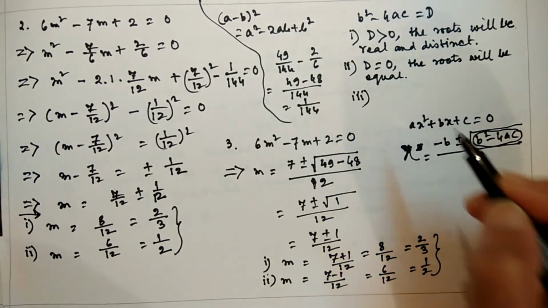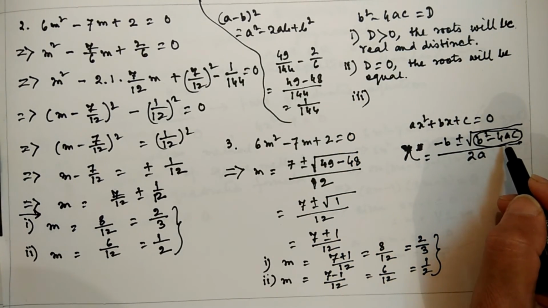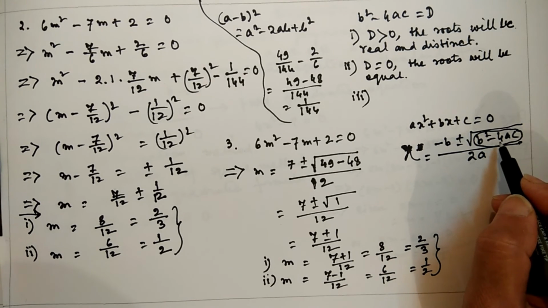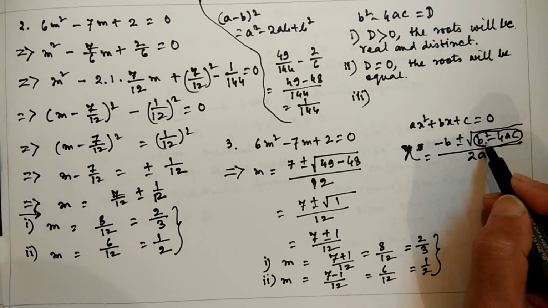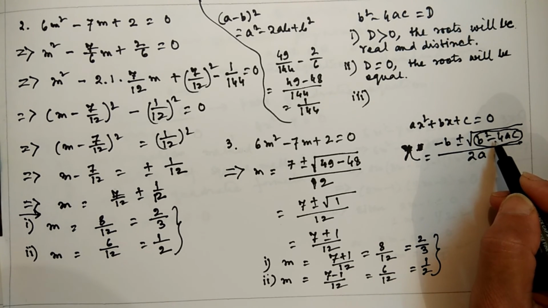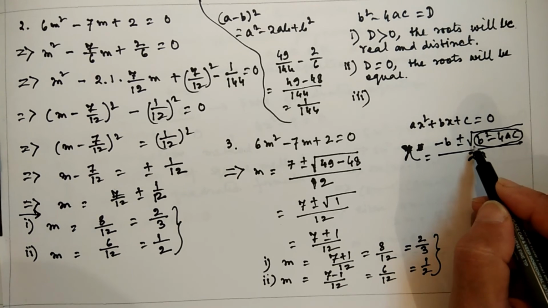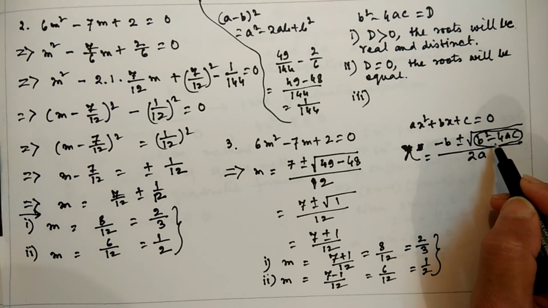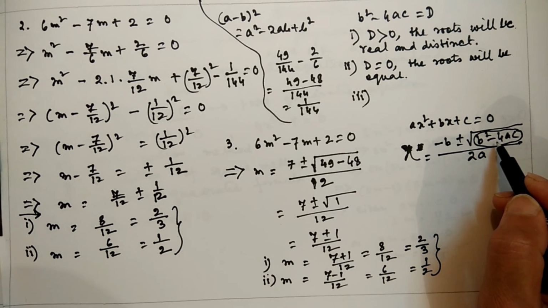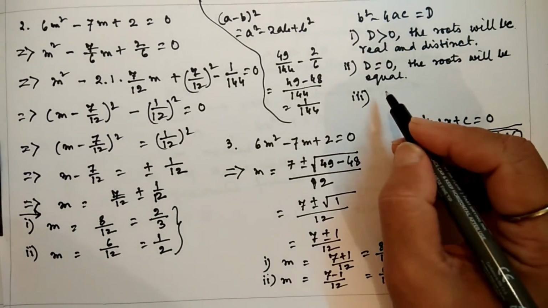And number 3, if b square minus 4ac is less than 0, means if the value under the root becomes less than 0, then what will happen? Both the roots will be imaginary, isn't it? Because the root of a minus number will be an imaginary value.